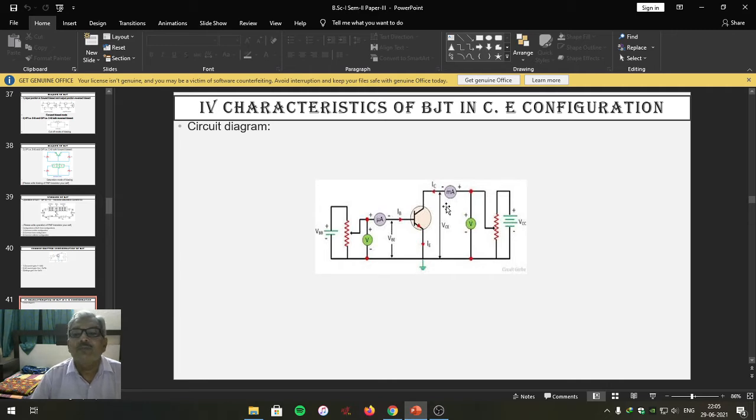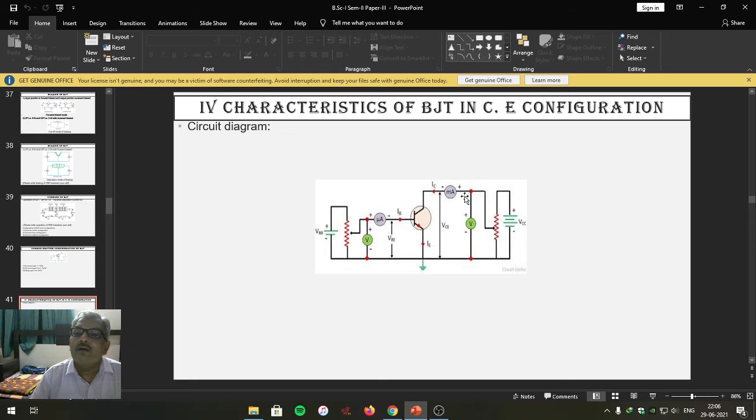The current meter is connected in series with the base and measures the base current IB. The voltmeter is connected in parallel between base and emitter and measures the voltage VBE as the input voltage.